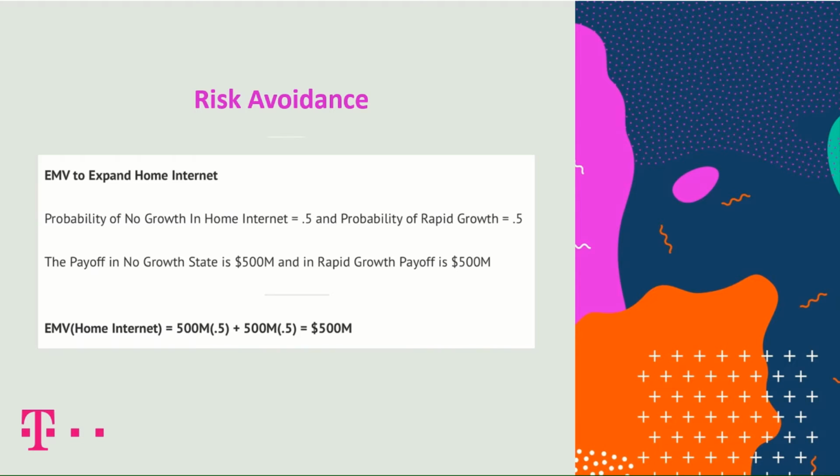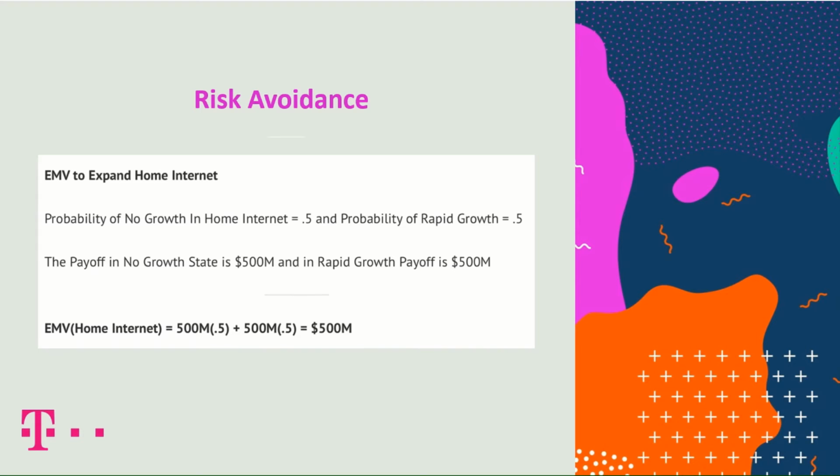This is based on the joint probabilities of no growth in home internet, having a 50% probability, and the probability of rapid growth of home internet at 50% as well.